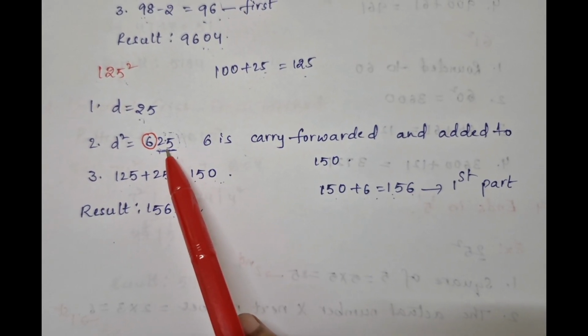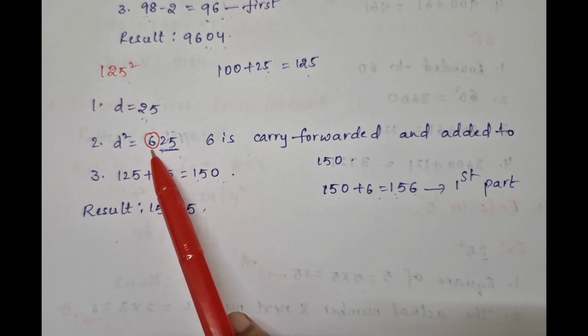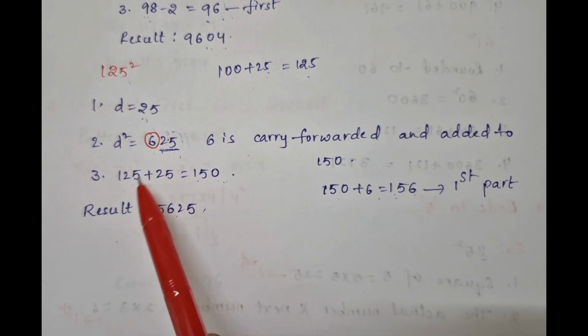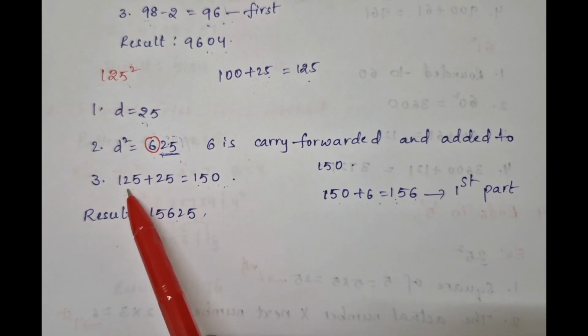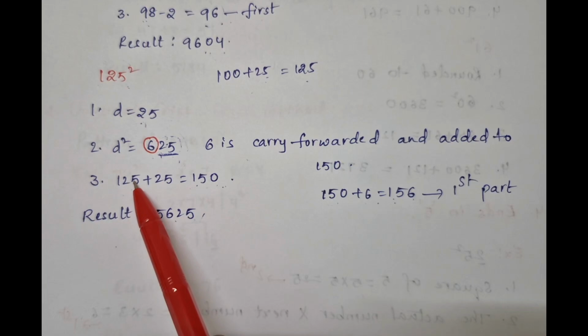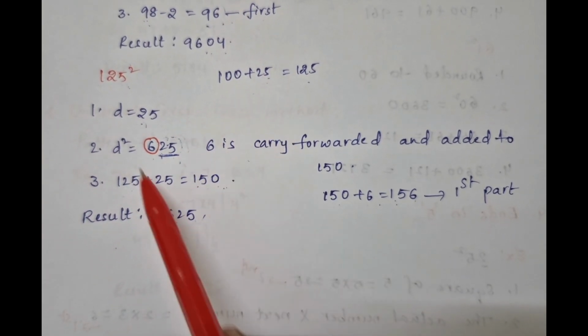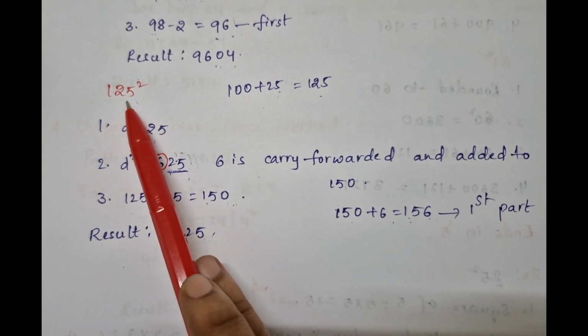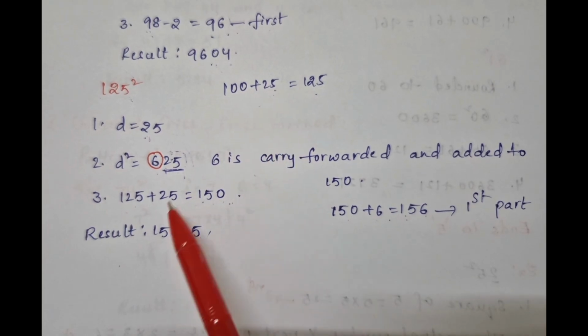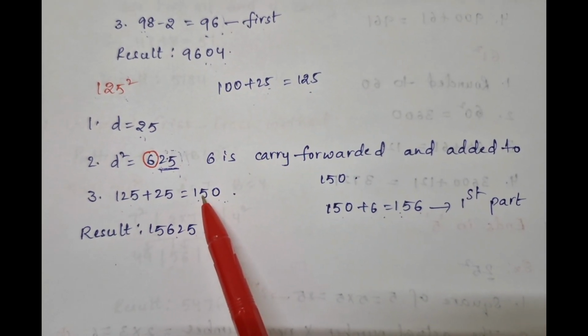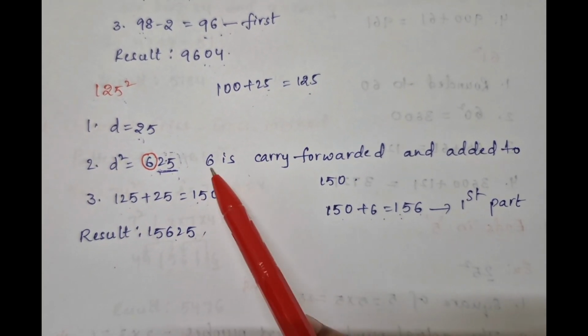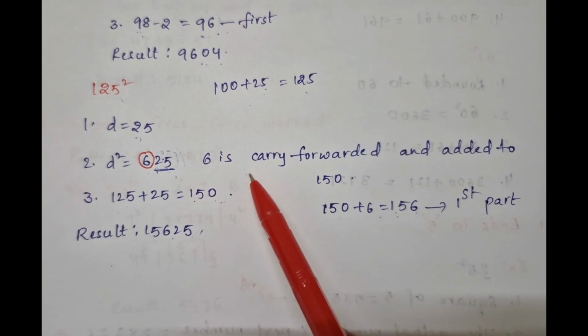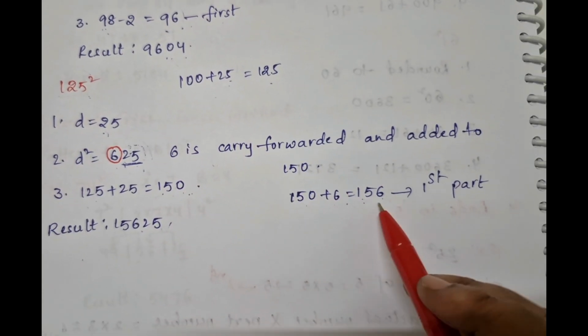So this 6 is extra. This is carry forwarded to the first part. What is the first part? Whatever the number we are adding to 100, that is added to the given number 125. 125 plus 25 equals 150. So 150 plus the carry forward number 6. 150 plus 6 equals 156.